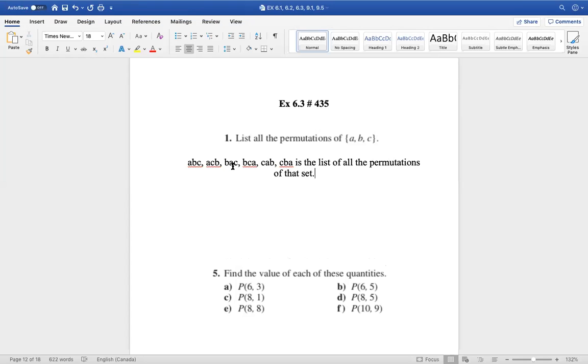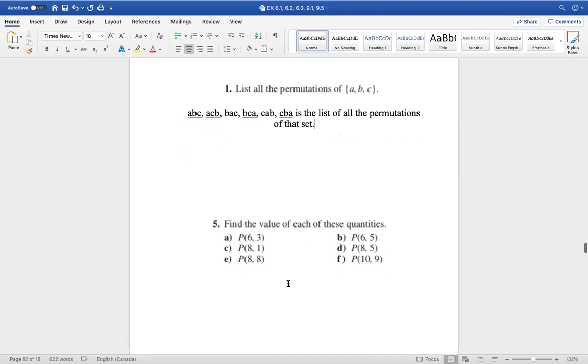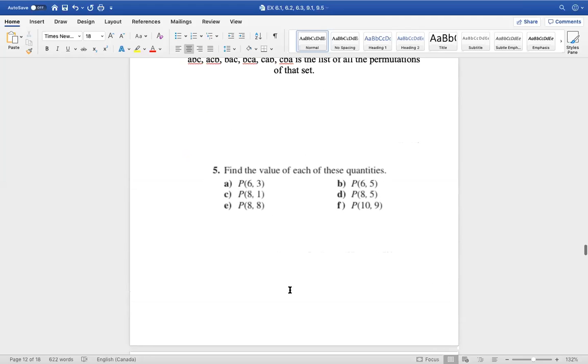Okay, next one. We have to find the value of each of these quantities. So we have the permutation P(6, 3).